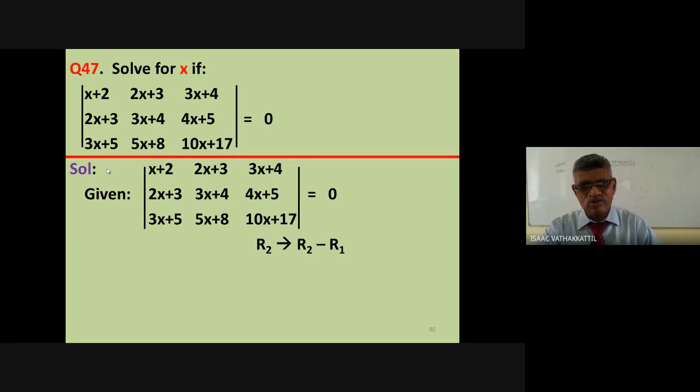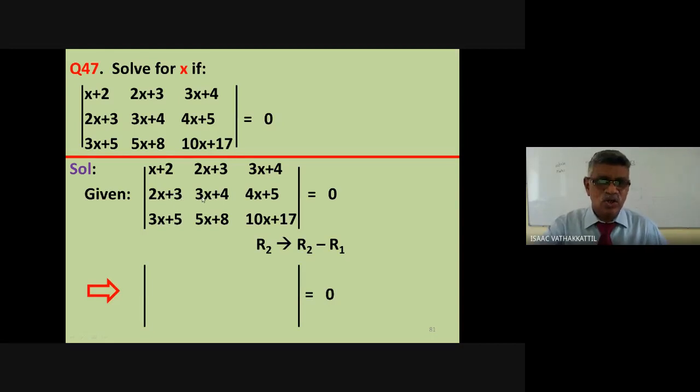R2 changes to R2 minus R1. 2x plus 3, subtract x plus 2. 3x plus 4, subtract 2x plus 3. 4x plus 5, subtract 3x plus 4. Right? What do you get? 2x plus 3 minus x minus 2, that is x plus 1.